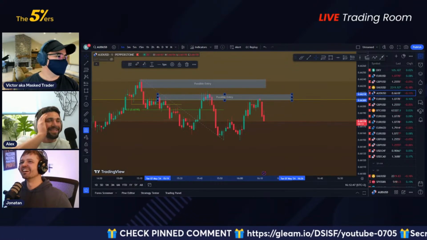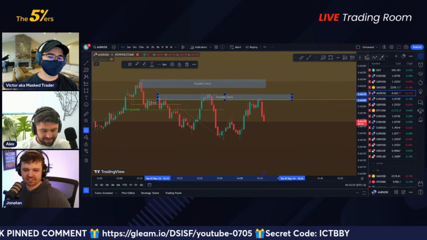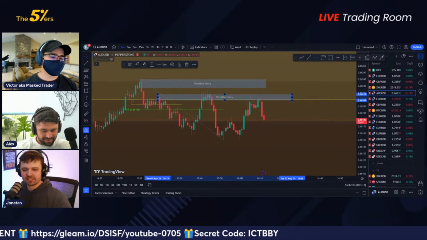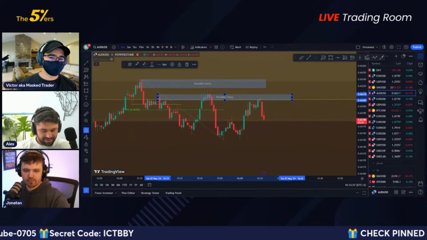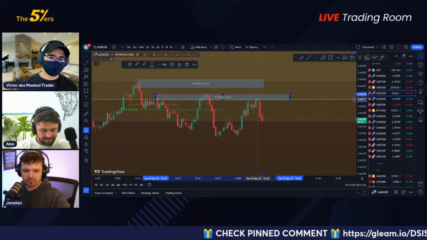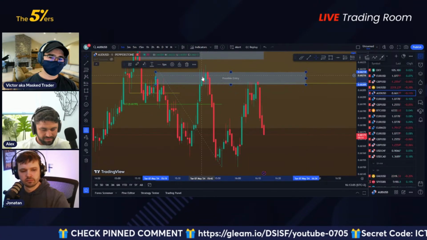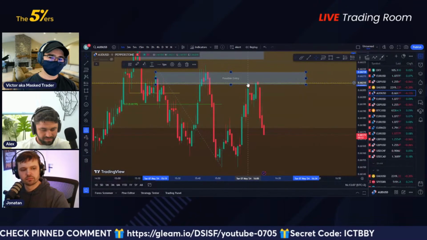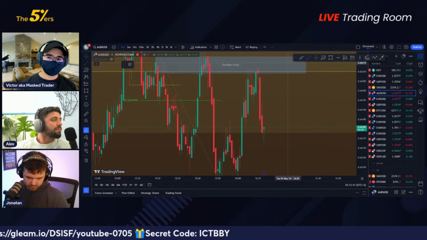And in the meantime, while we are talking, look at that possible entry order block. It's doing its job. It looks promising. I don't know if it's going to work or not, but look at all these wicks. Price is having difficulty going the other side. Once it went the first time around, the second time you can see all the wicks seem to stop at the same price.